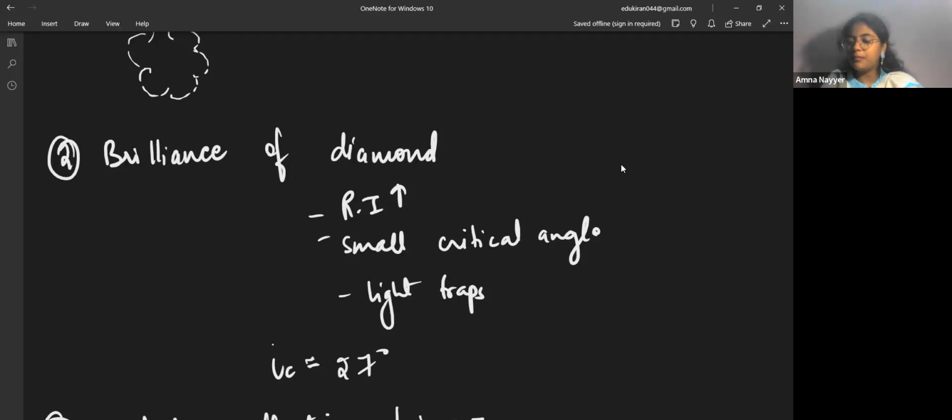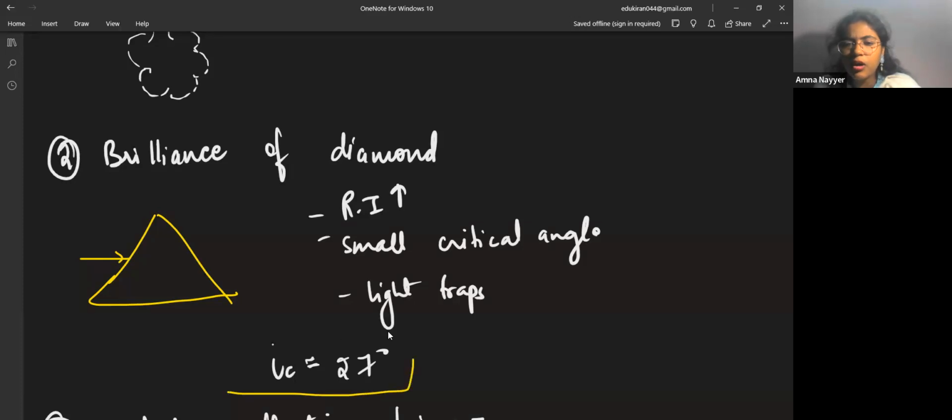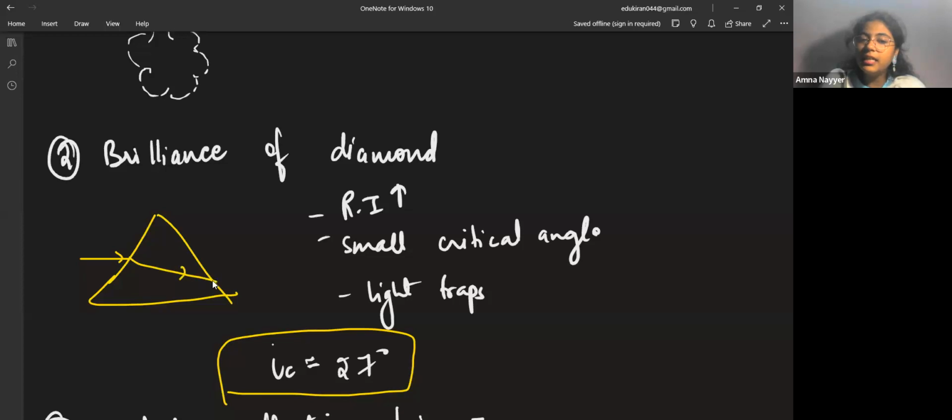So here what happens, suppose this is a portion of a diamond. The critical angle for a diamond is almost equal to 27 degrees. Once light enters, here TIR occurs, getting reflected. Again at this surface TIR occurs, they'll get reflected. TIR occurs at this surface, and like this.